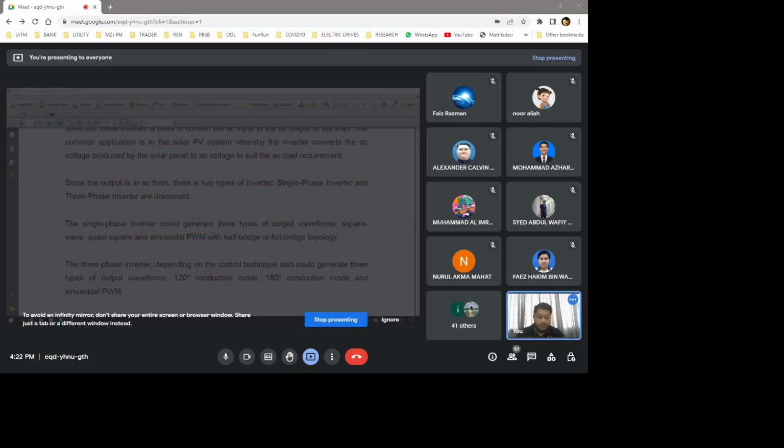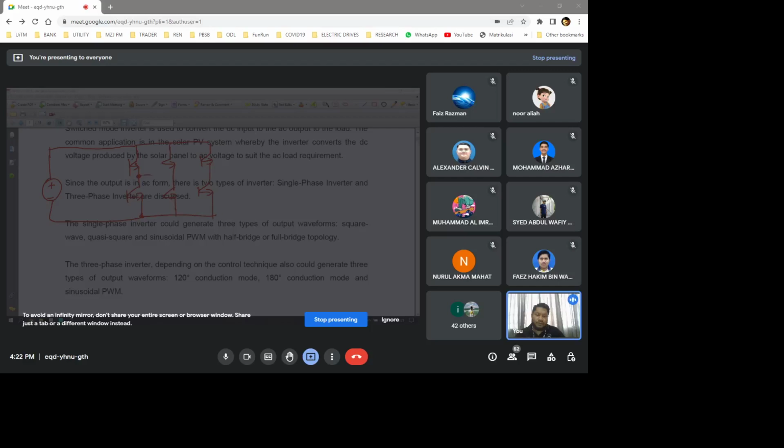For three phase, we're going to have one input, which is always a DC waveform, and that will be connected to three legs.